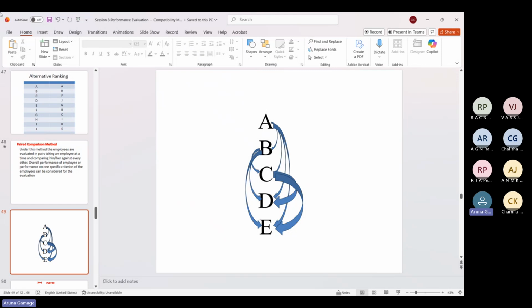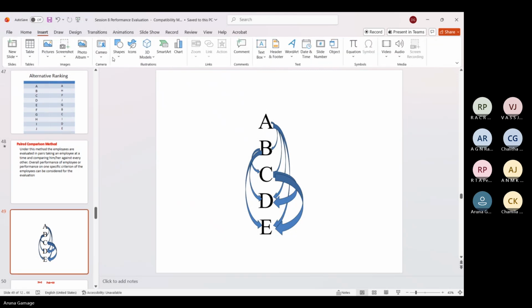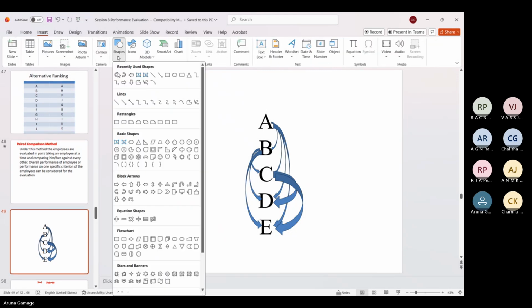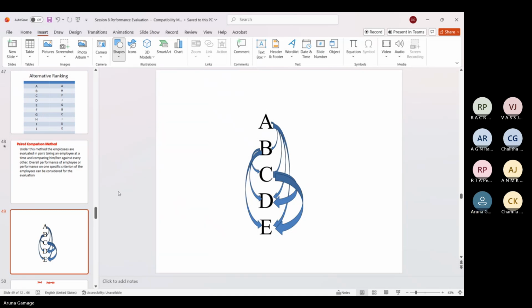One more comparison. Can you suggest? One more comparison to be made.